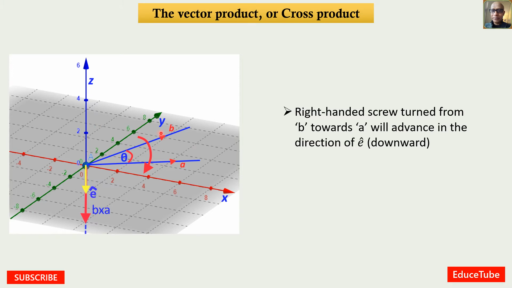But now it is turned from B towards A. That is why it is written here that it will advance in the direction of e cap downward. That's why I put here downward. And this small arrow of unit distance is the unit vector. And this red one is the B cross A vector.